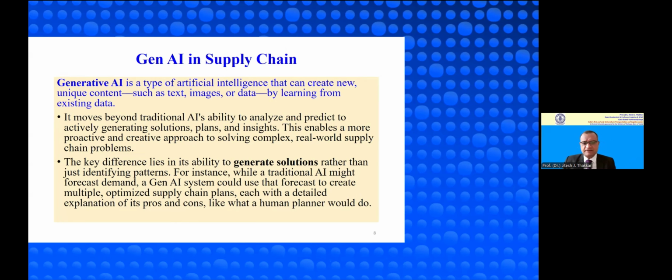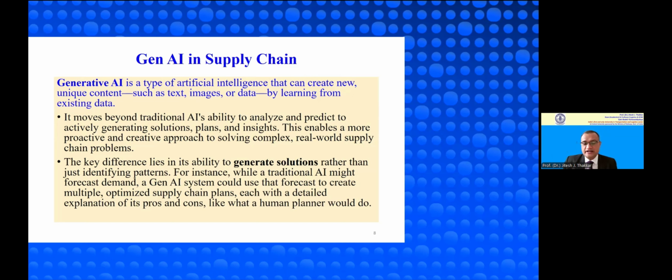If we look at the key differences, then it lies in its ability to generate solutions rather than just identifying the patterns. Traditionally, AI was more into identifying the patterns, revealing the structure, but generative AI helps you even to generate the solutions. So traditional AI might forecast demand.